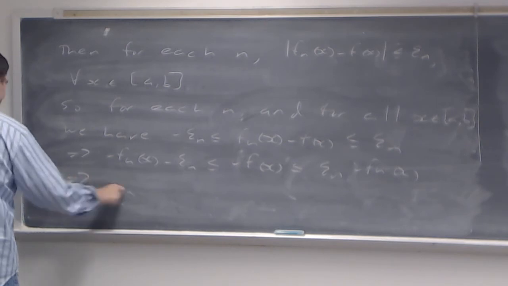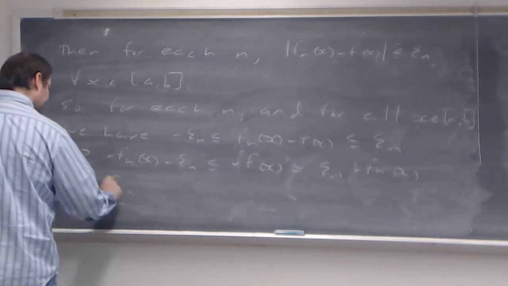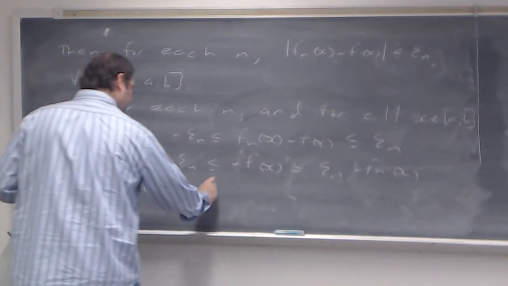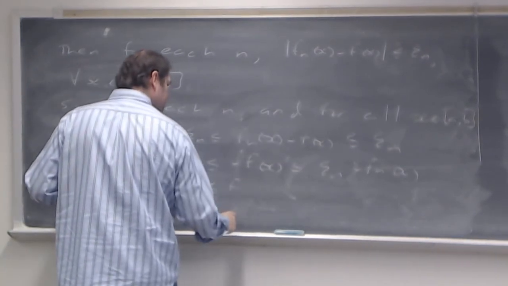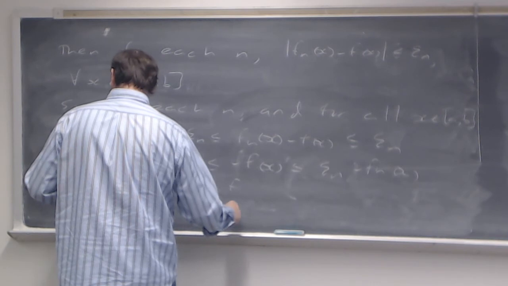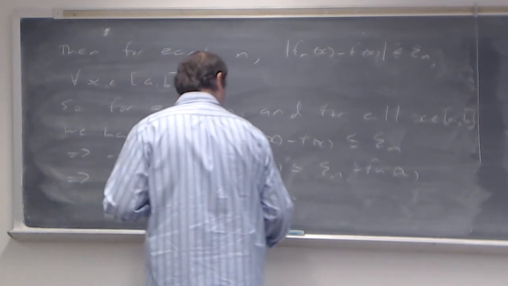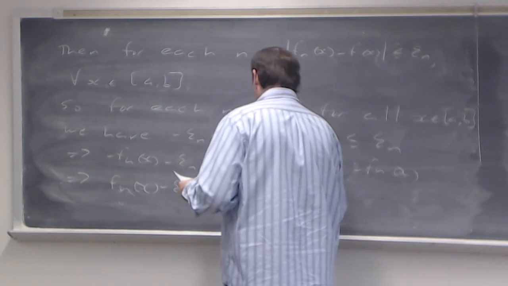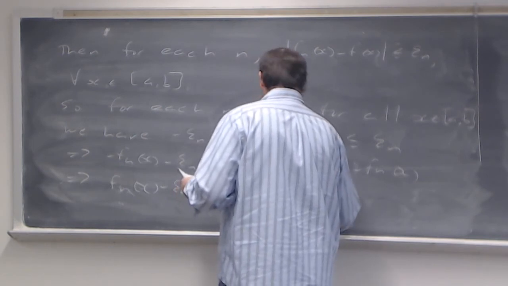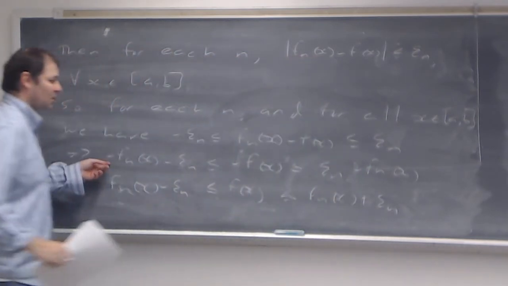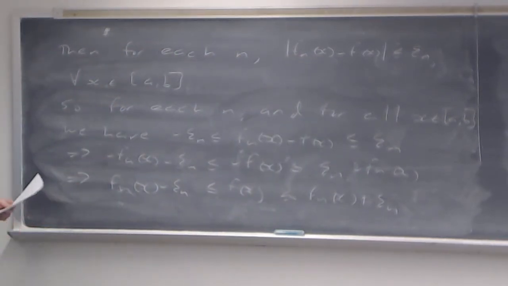That implies that f sub n of x minus epsilon sub n will be less than or equal to f of x, which is less than or equal to f sub n of x plus epsilon n. The way I got that last line is just multiply everything by minus 1.